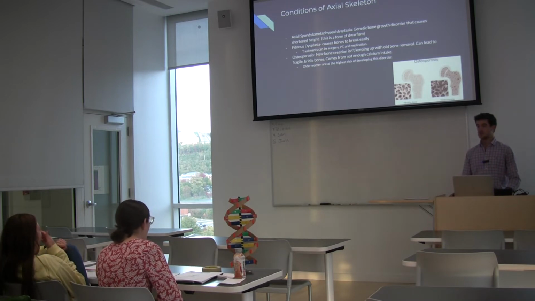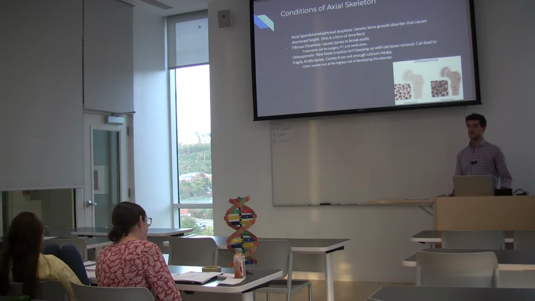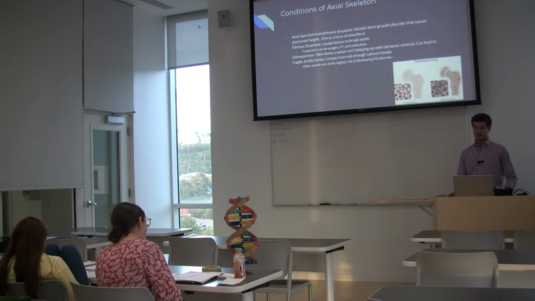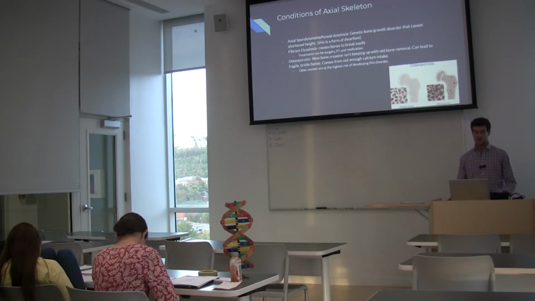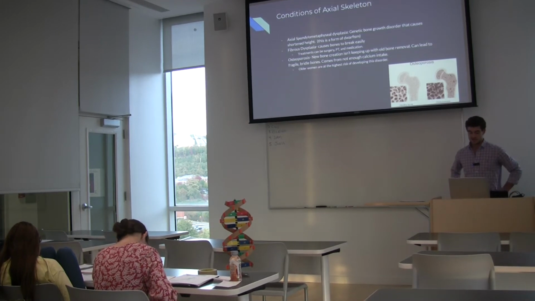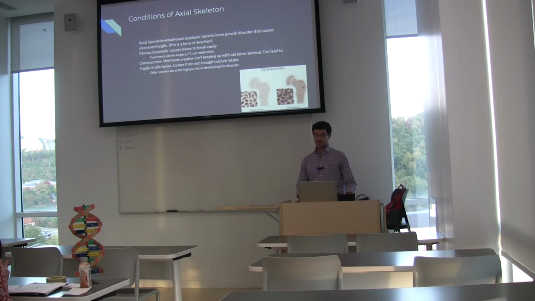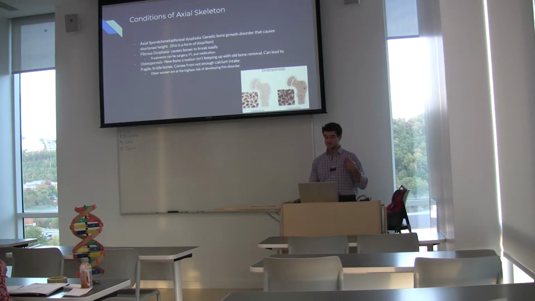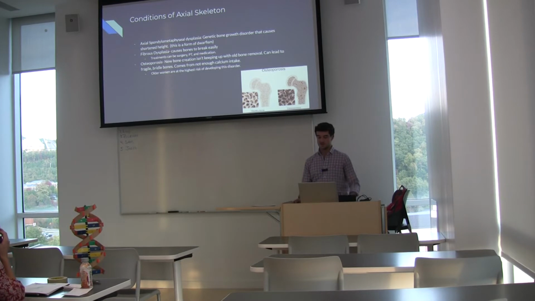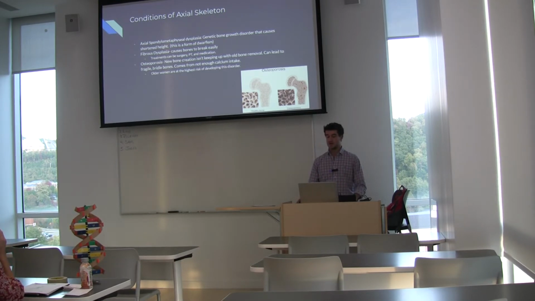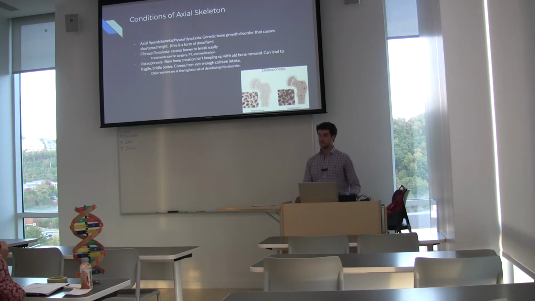And then osteoporosis is a common one. I'm pretty sure we've all heard of that. We usually hear it in older women or older people developing osteoporosis as they start to age, but this is where new bone creation isn't keeping up with the old bone removal. So your body is always making new bone, and it's not keeping up with the removal.